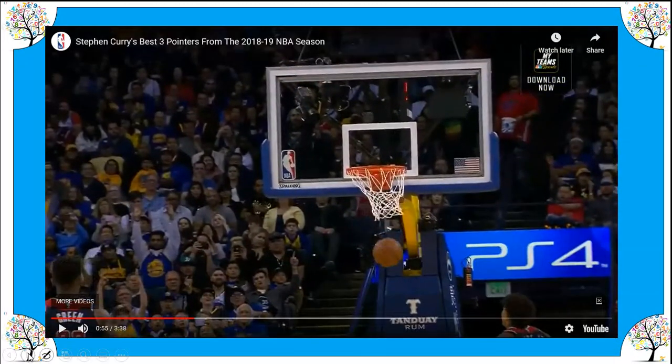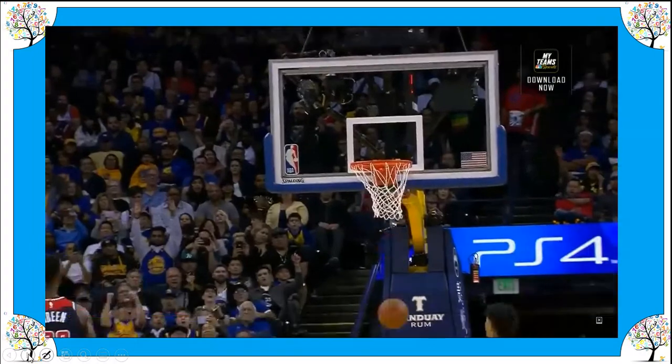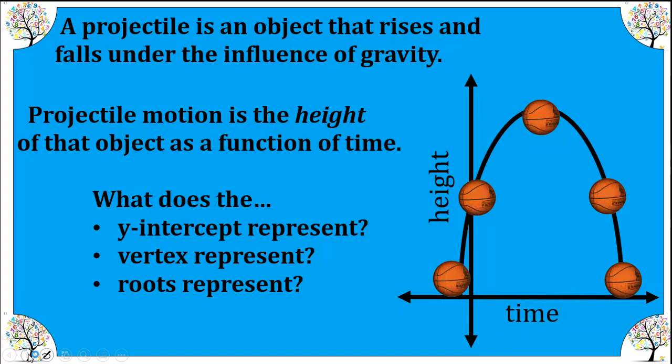Notice the shape of the basketball creates a parabola. And that's what we're going to be talking about in this lesson, is projectile motion. A projectile is simply an object that rises and falls under the influence of gravity. The projectile motion is the height of that object as a function of time.